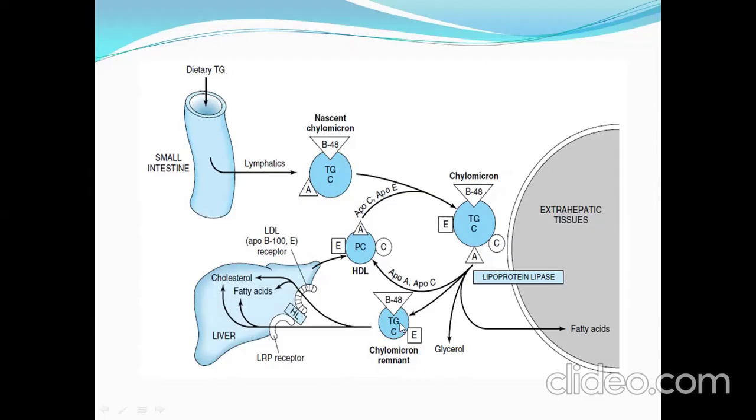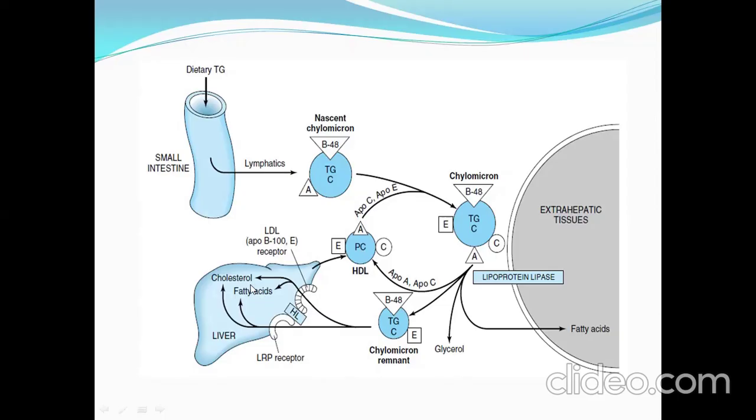That chylomicron remnant has a small amount of triglyceride and cholesterol, and then there is apoprotein B48 and apoprotein E. The chylomicron remnant enters the liver, where it gets broken down into simpler components, and finally cholesterol and fatty acid are released there, and there is an LDL receptor.